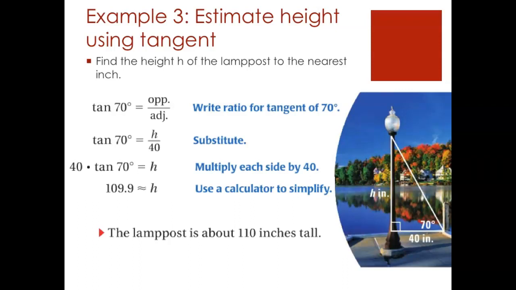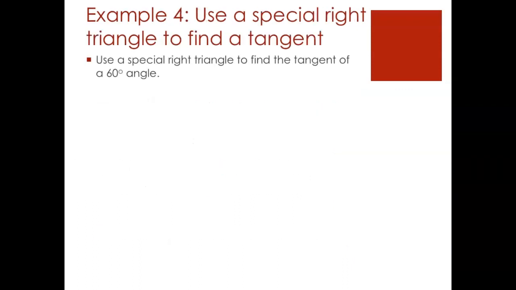Our last example here. Use a special right triangle to find the tangent of a 60-degree angle. Now, because all 30, 60, 90 triangles are similar to each other, you can simplify your calculations by choosing one as the length of the shorter leg, and then you can use the theorem to come up with the other leg.